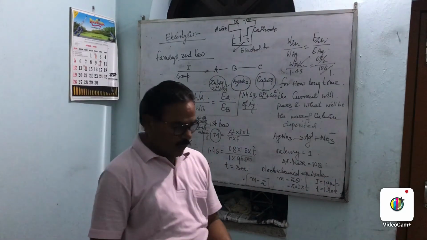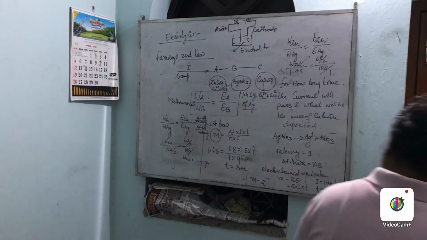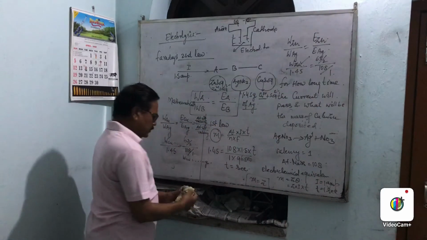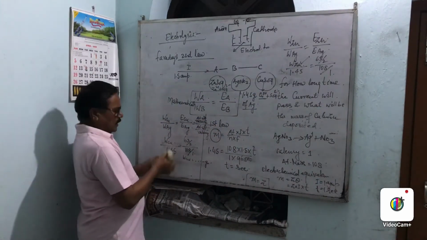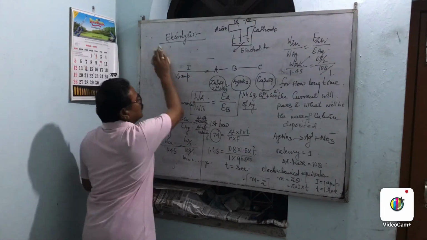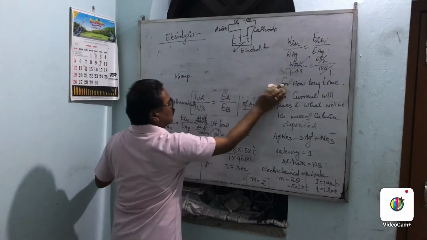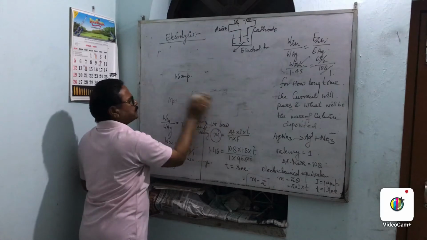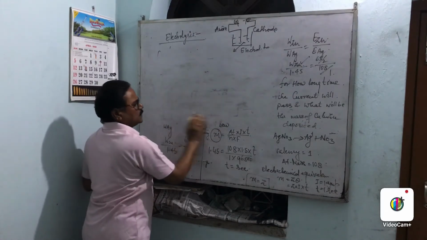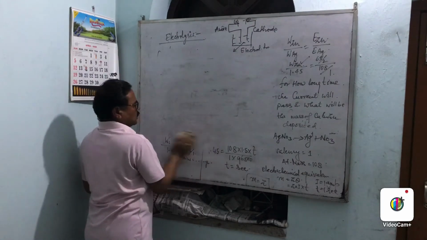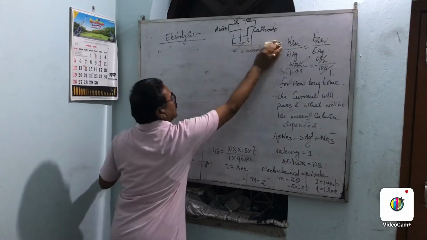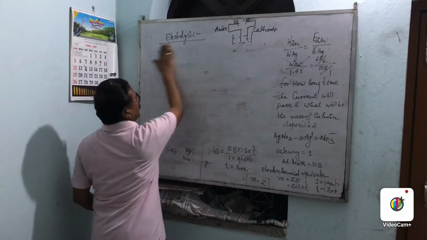Now one more topic: sometimes the equation is given and the question says to calculate the Faraday and calculate the charge of electricity to deposit this. This is along the quantitative aspect of electrolysis, right?